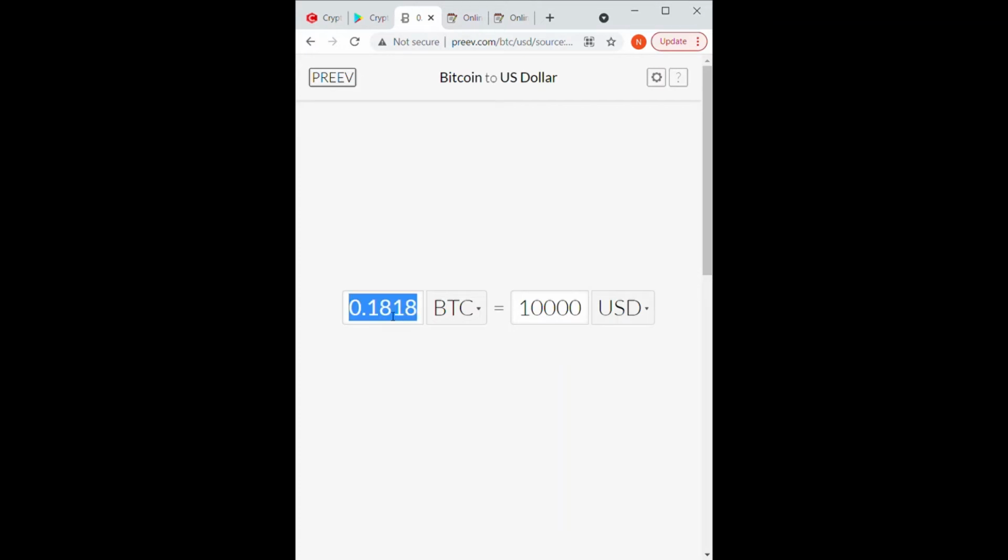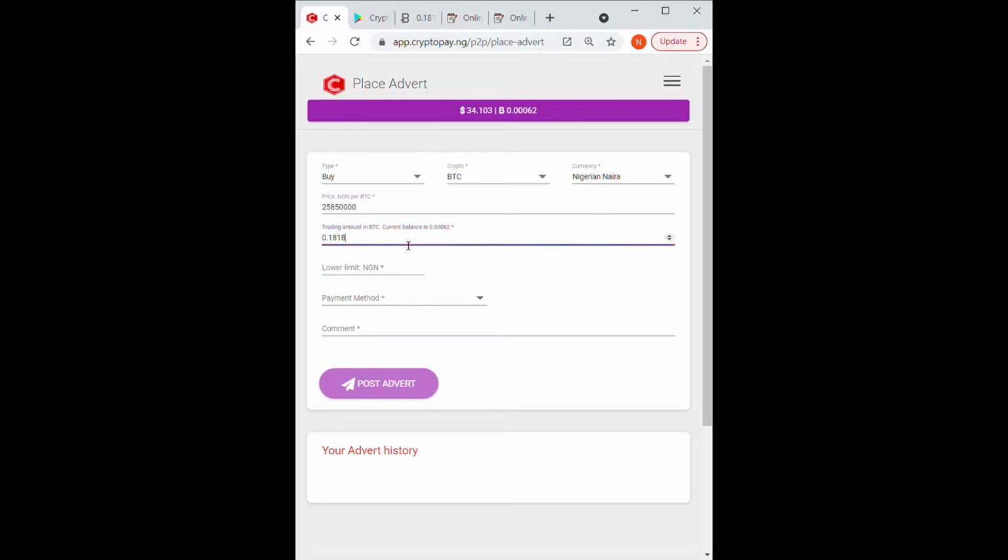So you can use this and say, okay, I'm willing to buy up to $10,000. The lower limit simply means what is the limit that you won't go below. So you can start by saying you don't want anyone to open a trade that is below 5,000 naira.